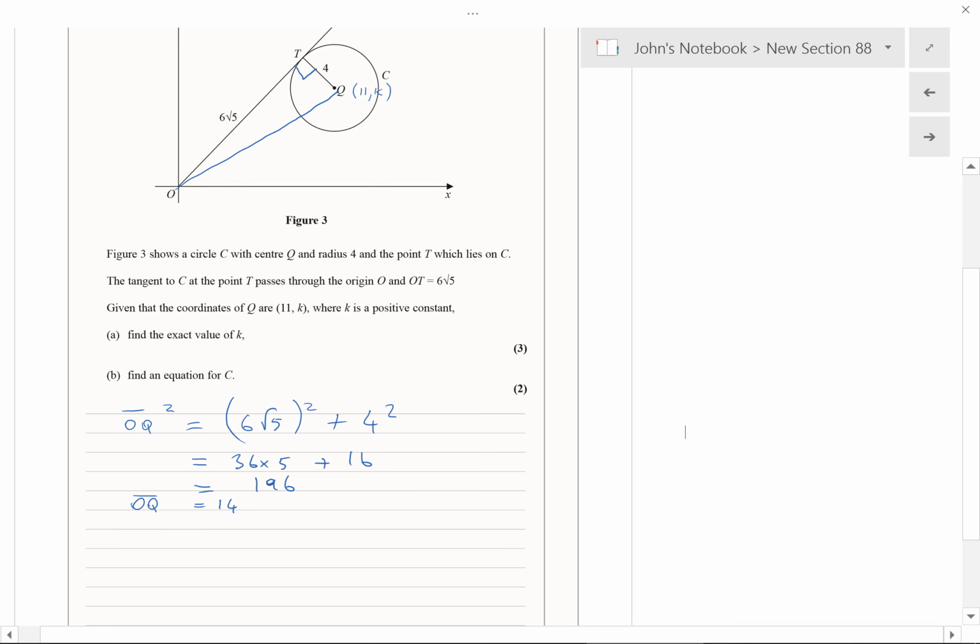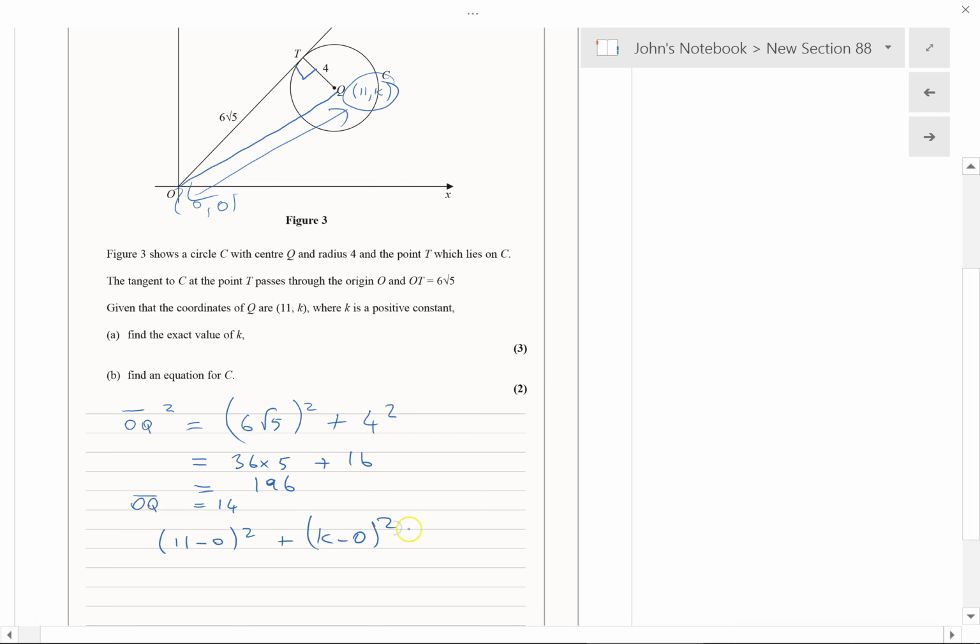So we can now use the coordinate here with 0, 0, the length from here to here. We can use the fact that the length from there to there is 14 to work out k, because that means that 11 take 0 squared plus k take 0 squared.